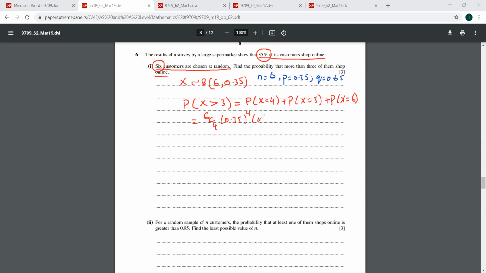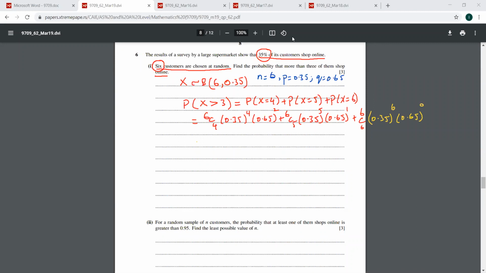So this is 0.65 raised to power 2, and then you have 6C5, 0.35 raised to power 5. We have to write all of this. Okay, and then you have 6C6, and let me change the color here, into this 0.35 raised to power 6 and 0.65 raised to power 0.